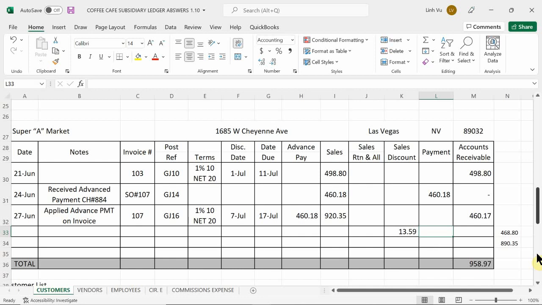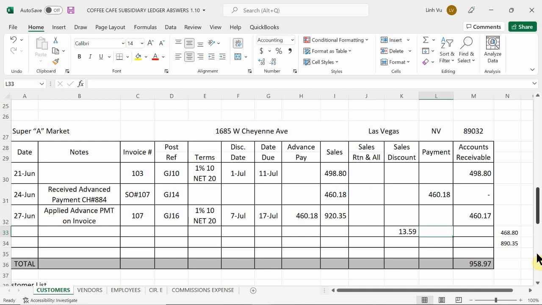So we really sold to them $890 worth of products. For the top one, I already took out the $30 there. That's why it's 468.80.